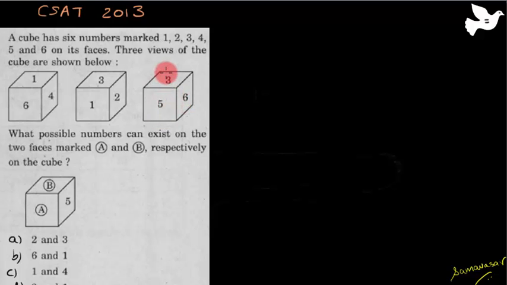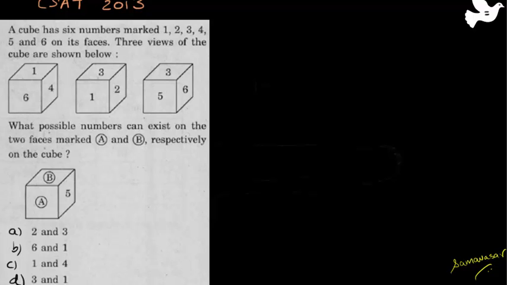Now let's look at this question. This is from CSAT 2013. It says a cube has 6 numbers 1, 2, 3, 4, 5, 6 and the three views are given. What numbers possible can exist at A and B? This is what we are asked. Now what I told you in the previous segment, here I have 5.